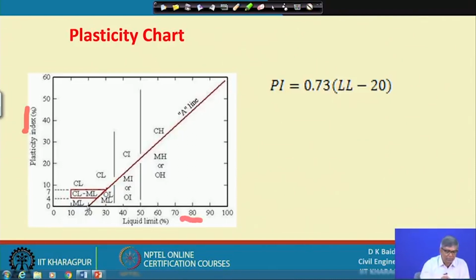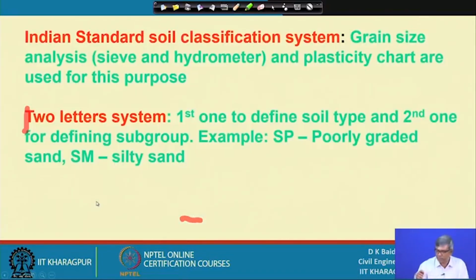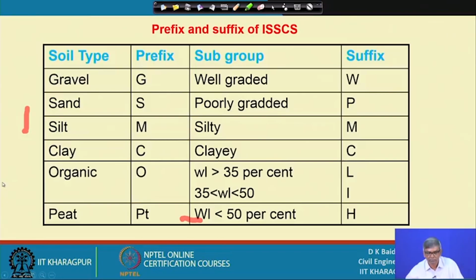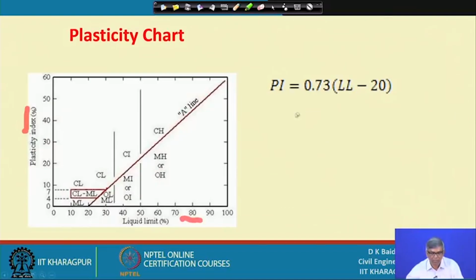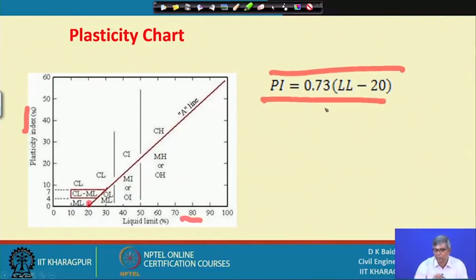You can see the line started from a water content of 20, and the equation of this line is PI equal to 0.73 times (liquid limit minus 20).